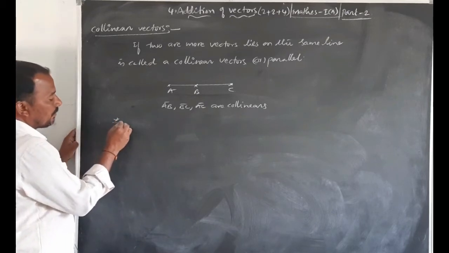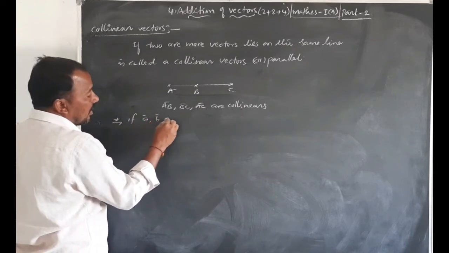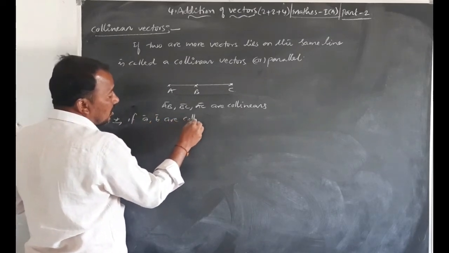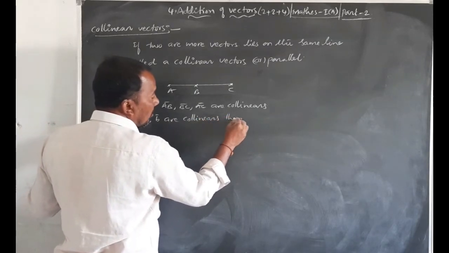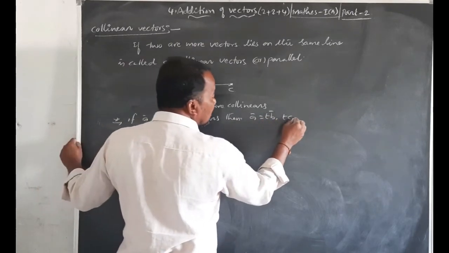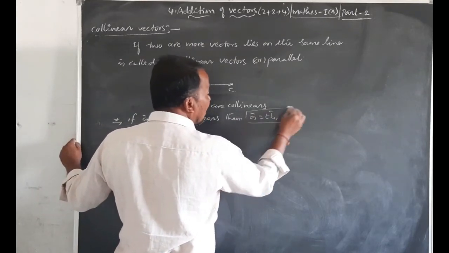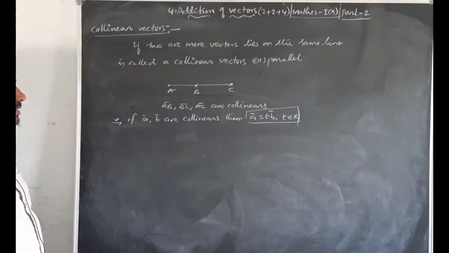If A and B are collinear, then A bar equals T B bar, where T belongs to R.